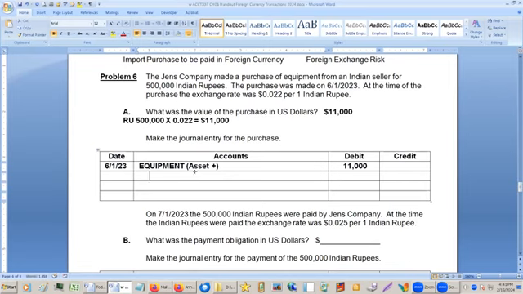And we have accounts payable. We have a liability going up by the same 11,000. So we got more assets, but we also have more liabilities now.